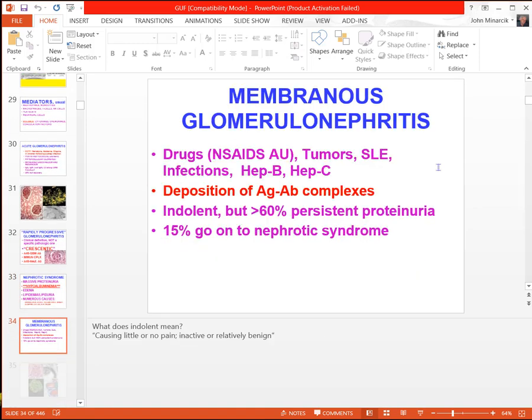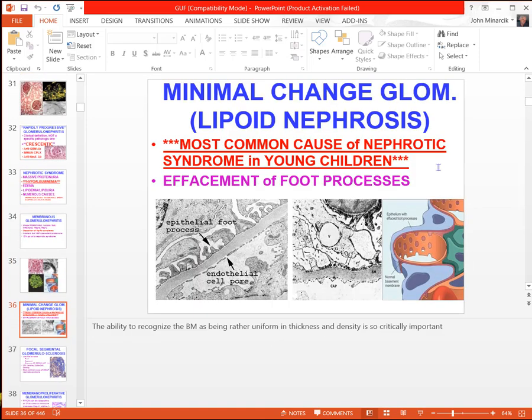Next, case 36. When we talked about lipoid nephrosis as one of the glomerulonephropathies, in which the primary pathology was effacement of the foot processes of the podocytes, I'm sure I mentioned, but I'm going to emphasize it again.